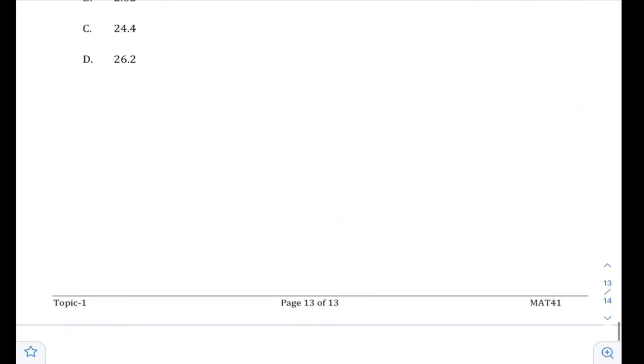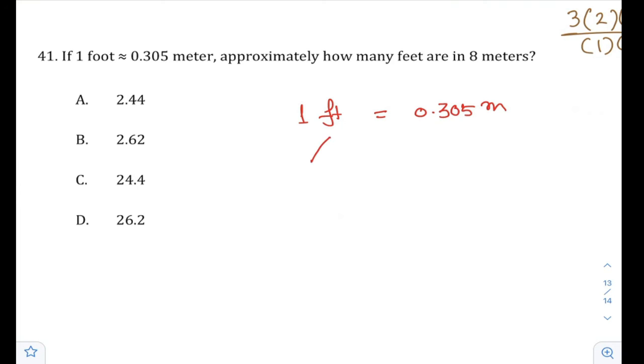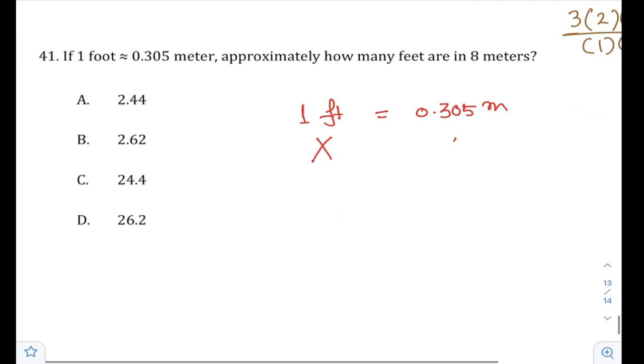Now, the last question here in this revision is the easiest. We have 1 foot is equivalent to 0.305 meters. A question is telling you approximately how many feet are in 8 meters.